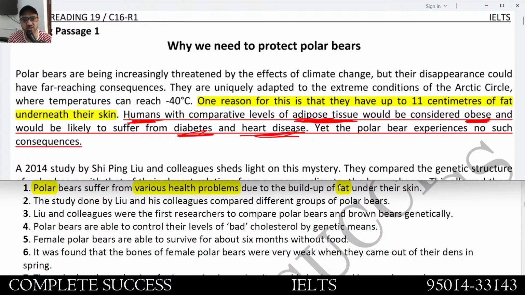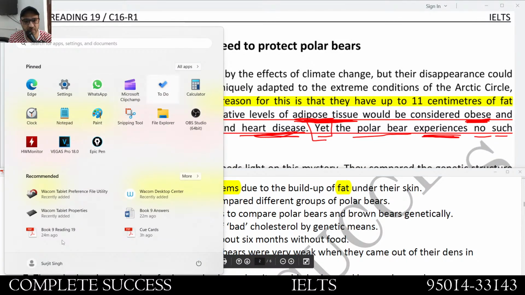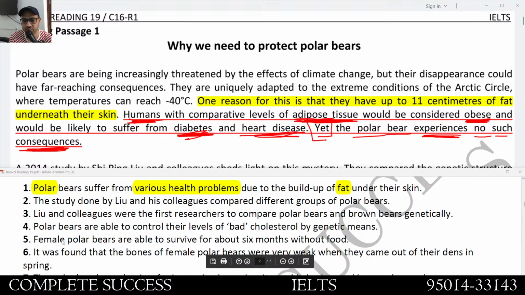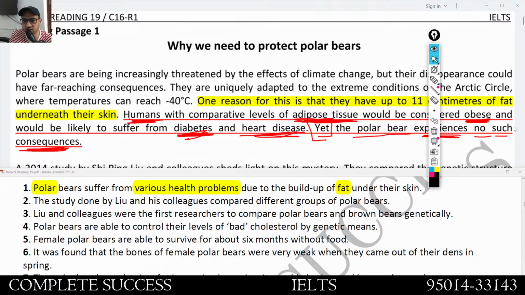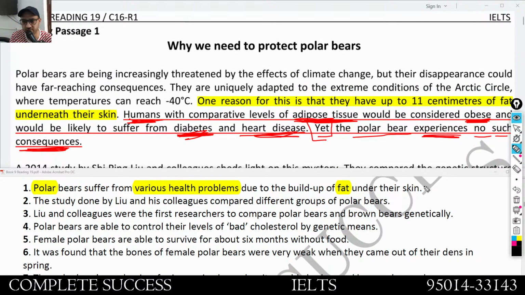Yet the polar bear experiences no such consequences. So that means it is for sure the statement is false. Why? Because polar bears do not suffer any kind of health issues because of this. They do not suffer. So the answer is false.